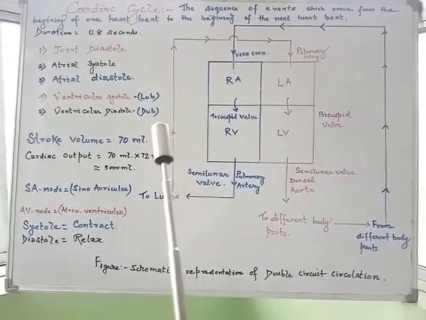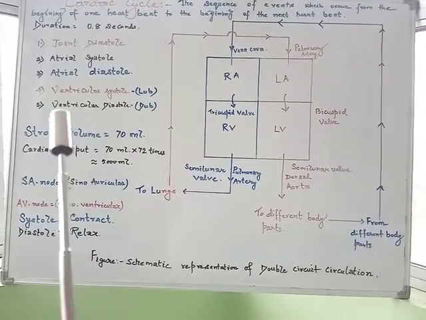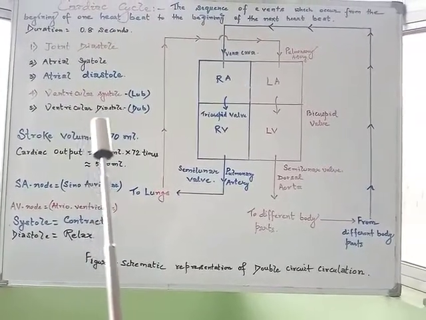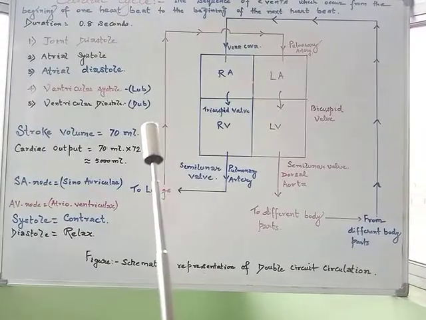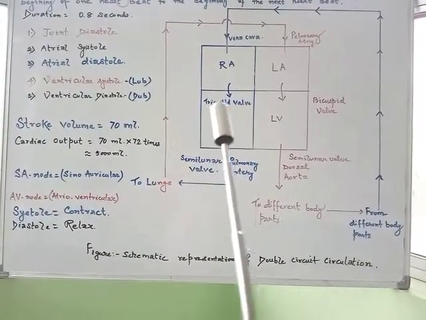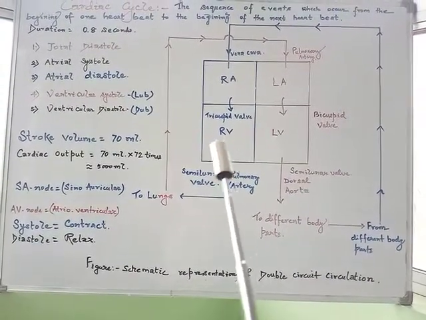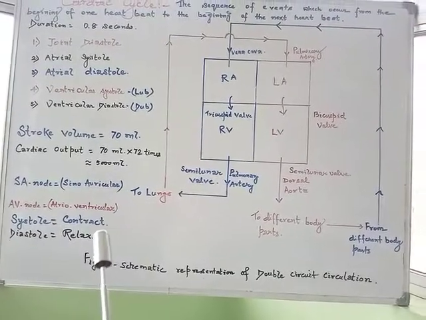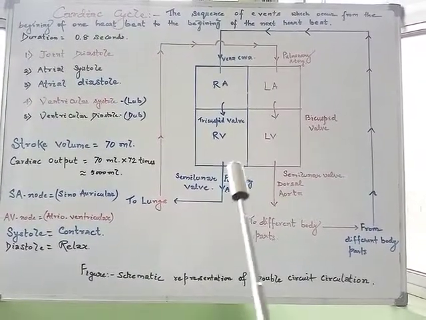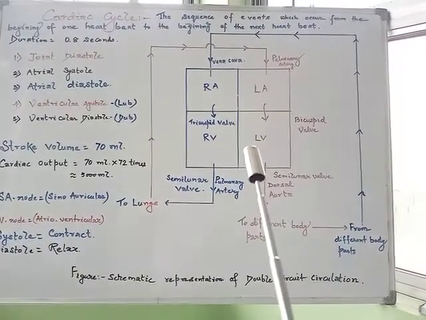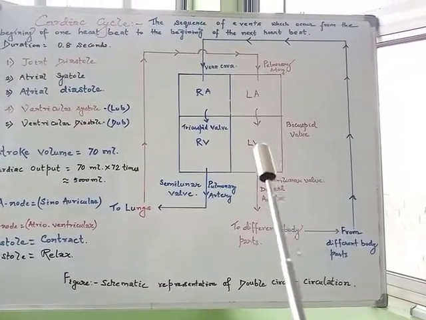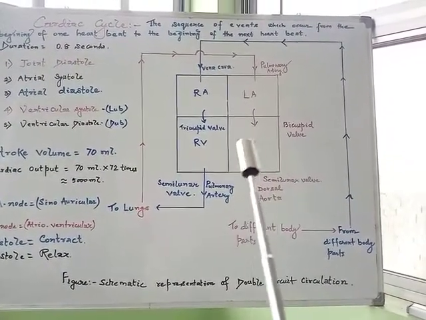Now the heart undergoes the fifth phase, which is called ventricular diastole, which means the chambers of the ventricles undergo their relaxation phase. As the ventricles relax, the ventricular diastole starts.